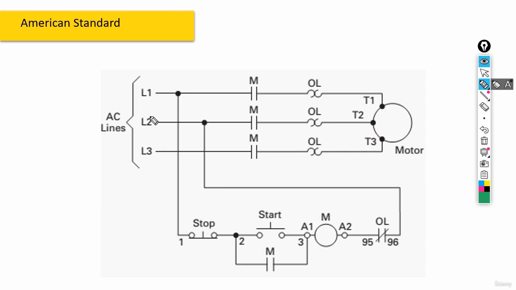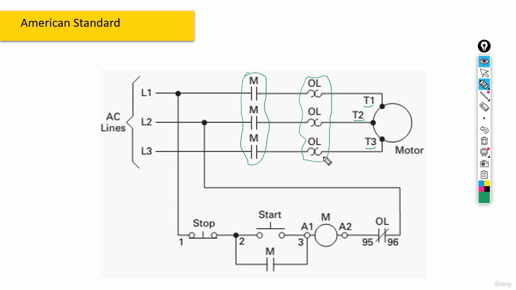Now, here we have three phase lines, L1, L2, and L3, which are connected to contactors, and the contactor is being connected to the overload relay, and the overload relay or the bimetal would be connected to the motor, to the terminals that we have, T1, T2, and T3.